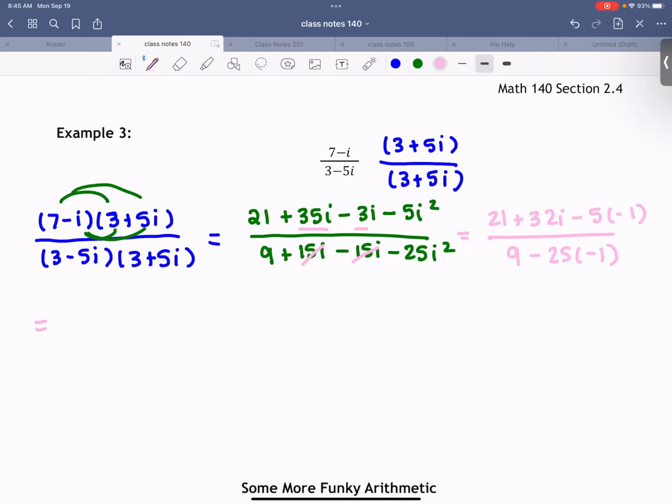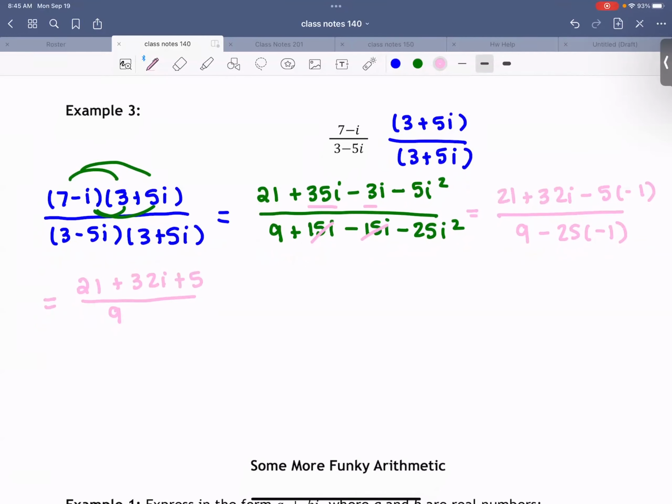Moving on, looks like I can kind of clean up my real numbers now. I got 32i minus 5, and we have 9. Oh no, it's a plus 5, isn't it? Messed up. And then we have 9 plus 25. Okay, we're almost there.